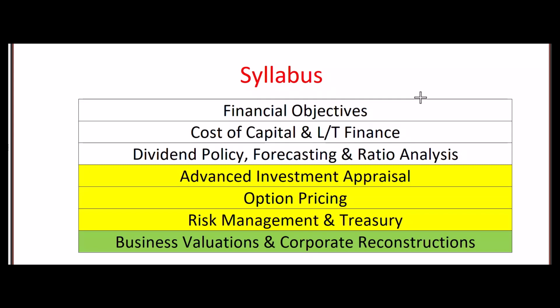Now you'll see here there are 3 areas highlighted in yellow. Why is that the case? The 3 areas highlighted in yellow must appear on every AFM exam to some extent. So that is advanced investment appraisal with or without real options.